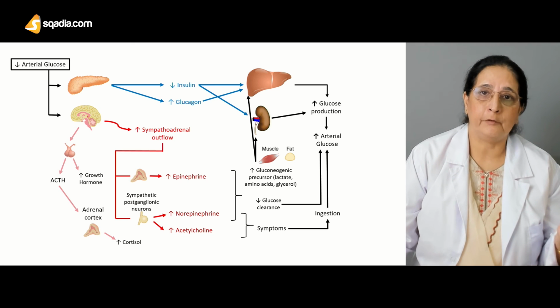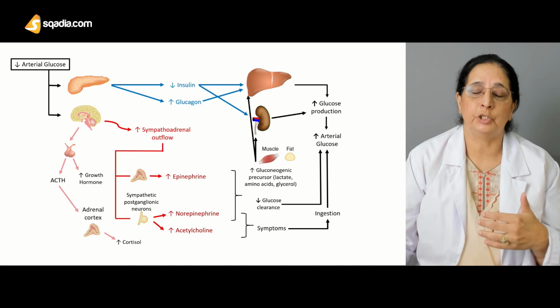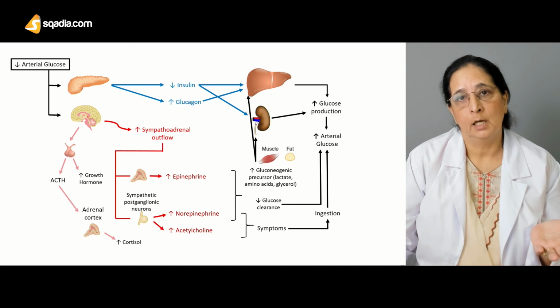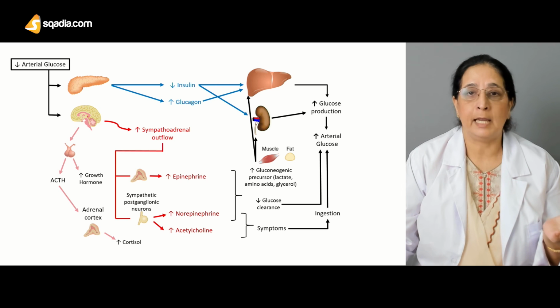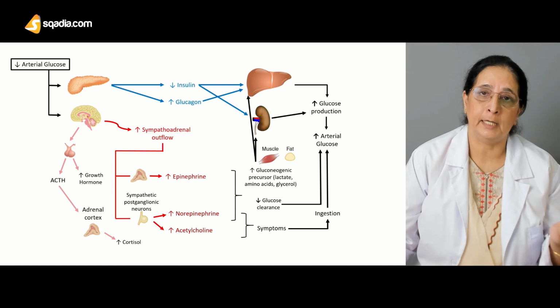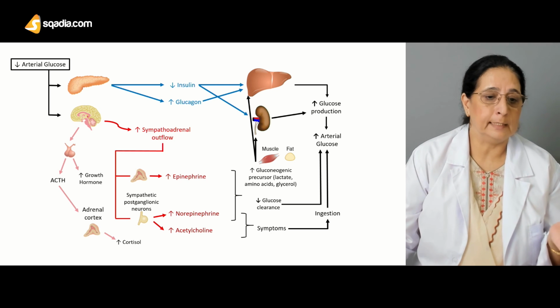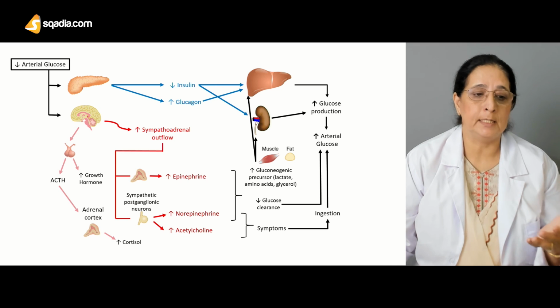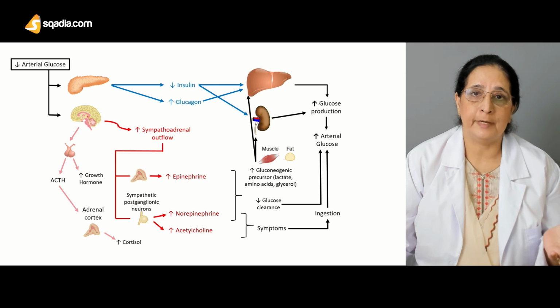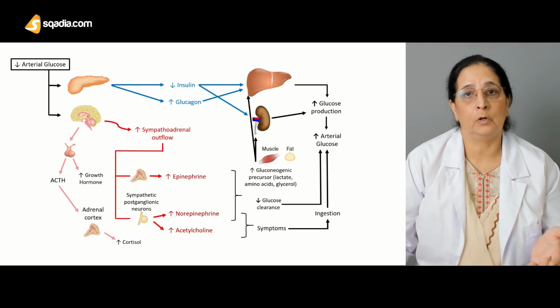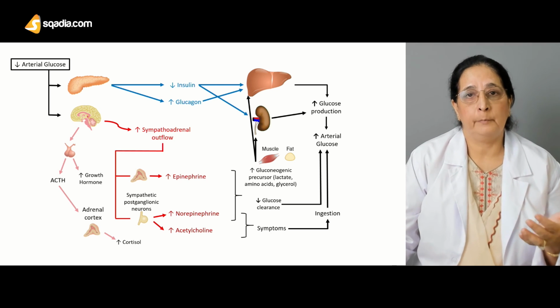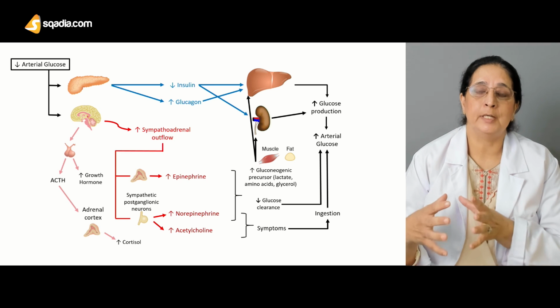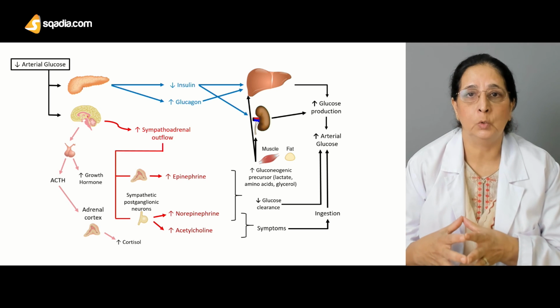One is the pancreas, by decreasing the production of insulin and increasing glucagon level, and then we have the hypothalamus in the brain that affects the pituitary gland and then increases the production of ACTH and then growth hormone, which both ultimately cause increase in the production of the glucose.